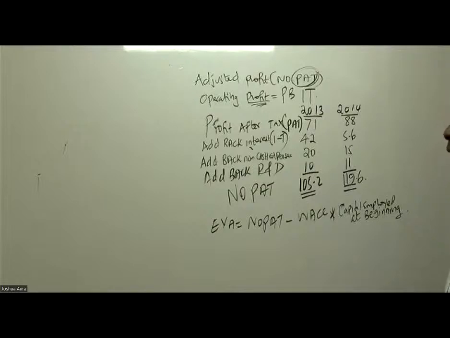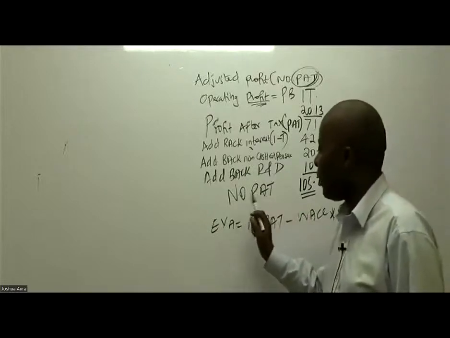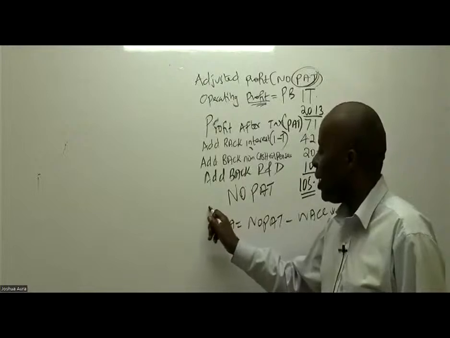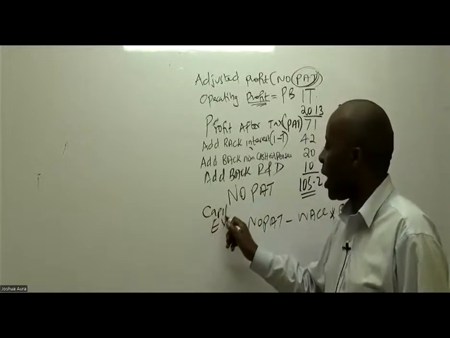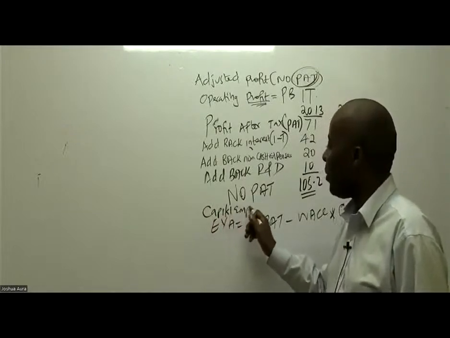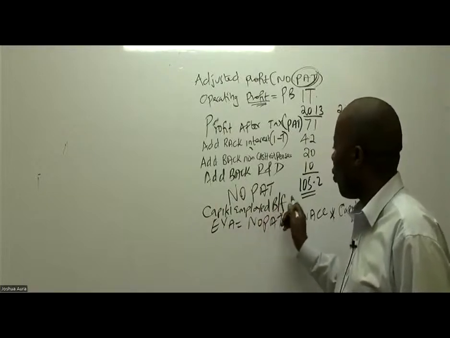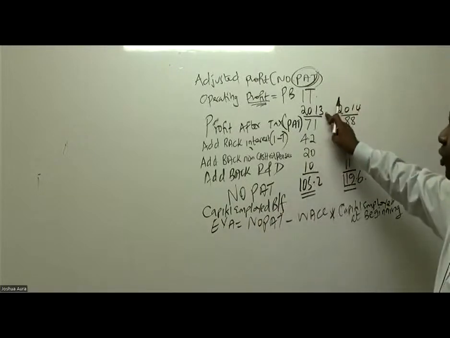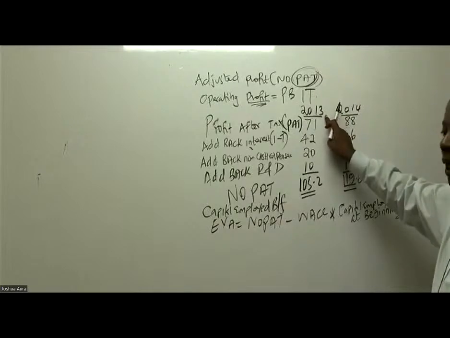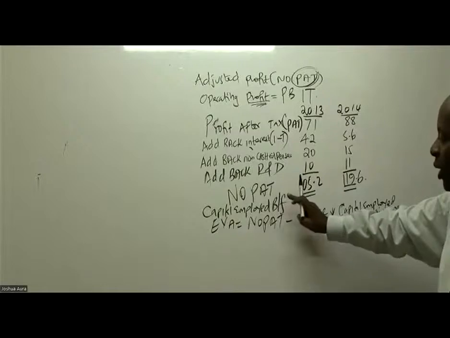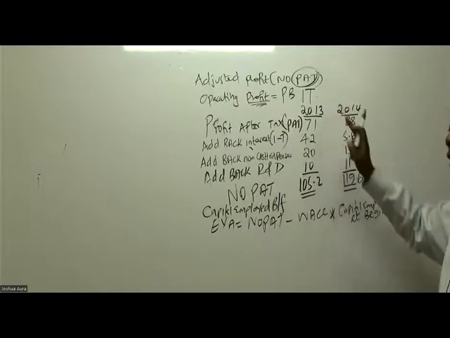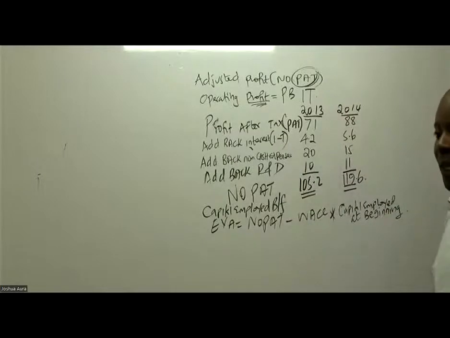So if that is the case, could you kindly give me the capital employed brought forward into 2013? Is there anybody who is able to see the capital employed brought forward into 2013 at the beginning?